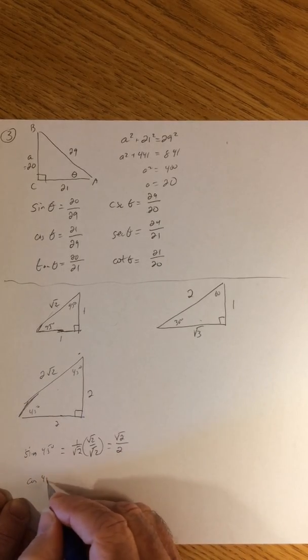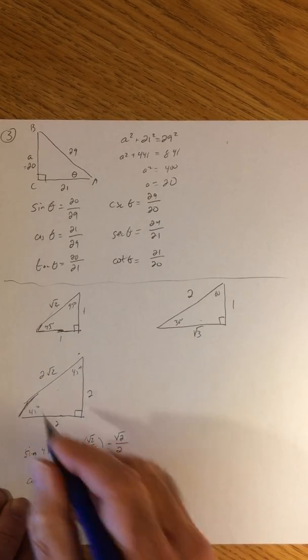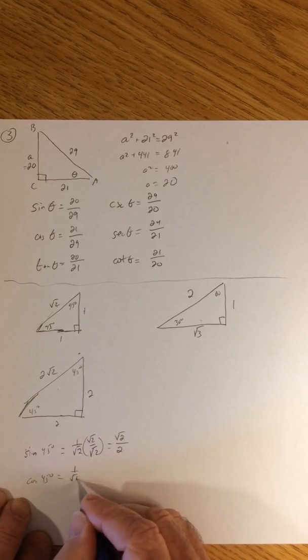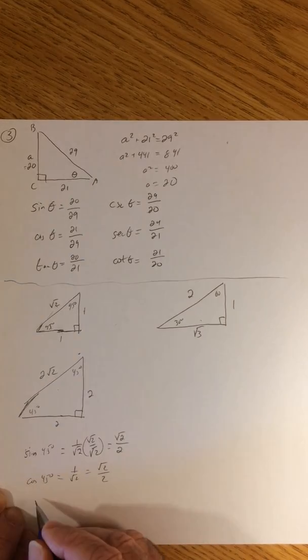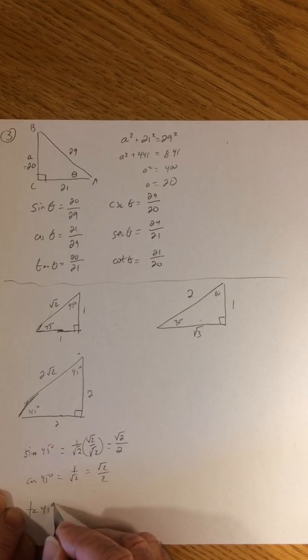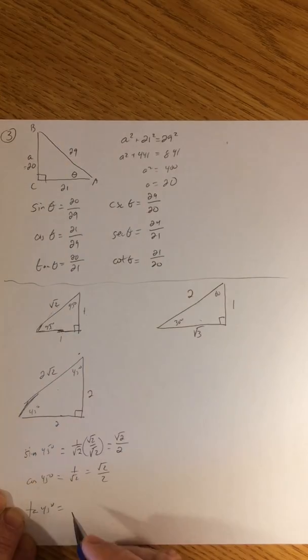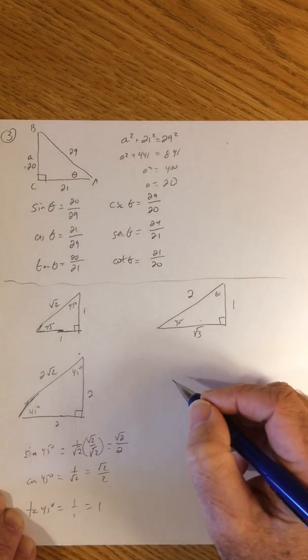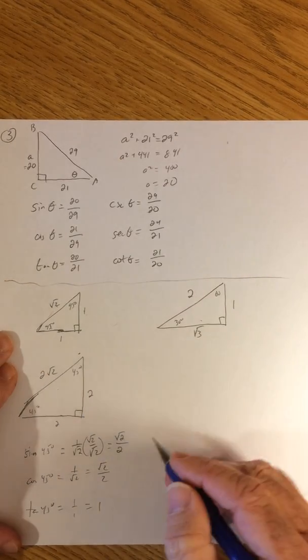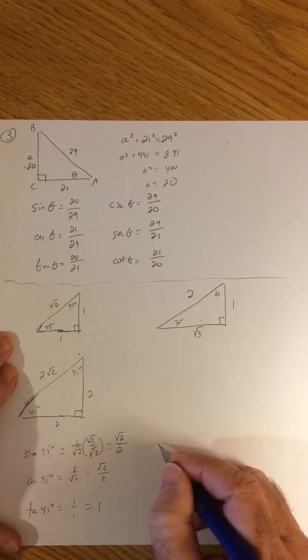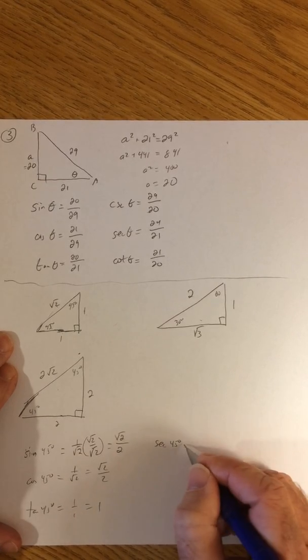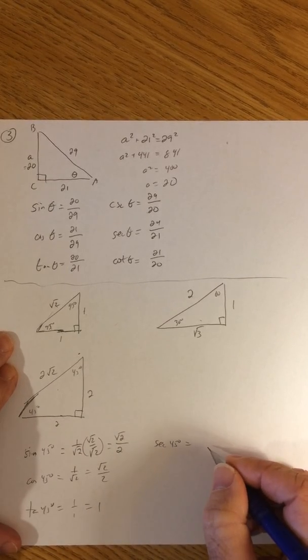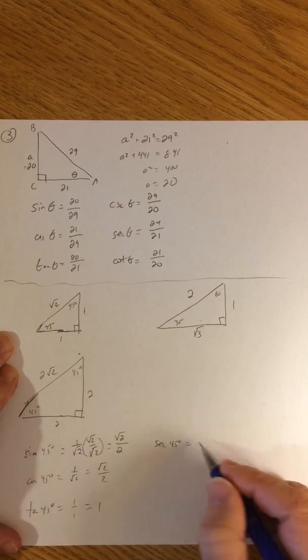Cosine of 45 is equal to 1 divided by the square root of 2, which is also the square root of 2 over 2. Tan of 45, opposite divided by adjacent, is 1 over 1, which is 1. These numbers come up all the time. Now, the reciprocals of those: secant of 45 degrees is equal to the square root of 2 divided by 1.